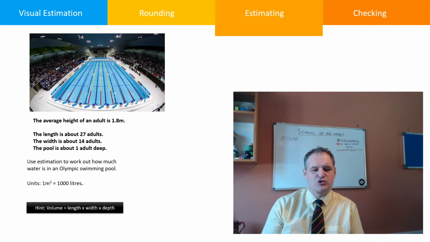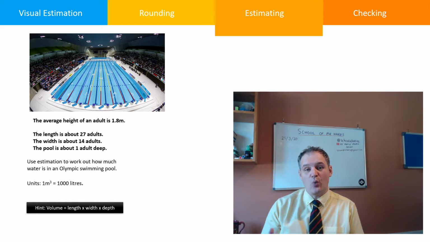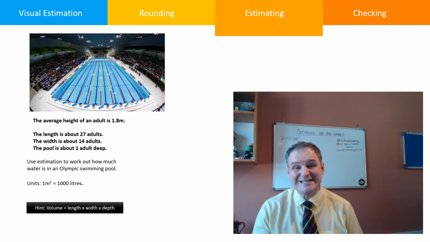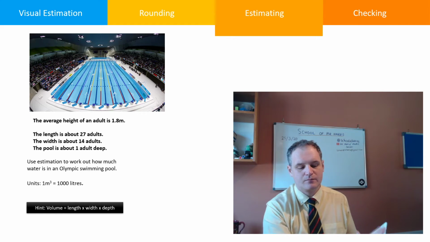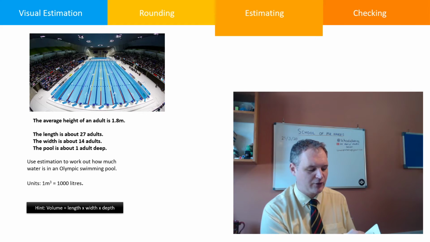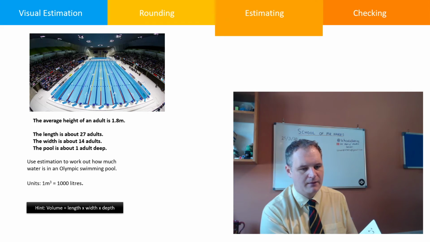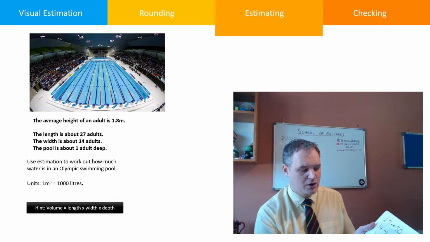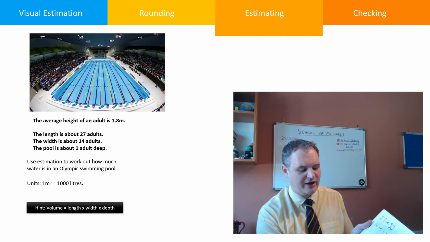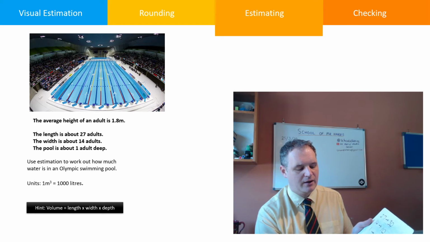But we don't really want to use 27 and 14, so we use our estimating. We use our one significant figure. 27 becomes 30. Let's write it down. 27 is going to become 30, and 14 is going to become 10, and 1 is going to stay as 1, so therefore the volume is going to be 30 times 10 times 1 equals 300.